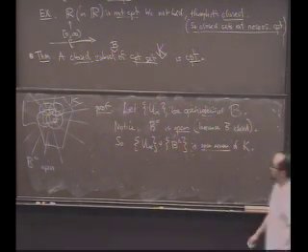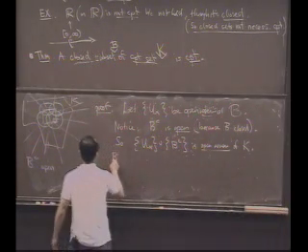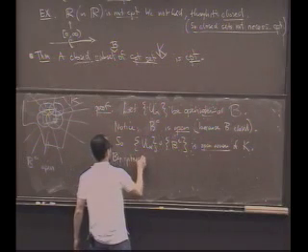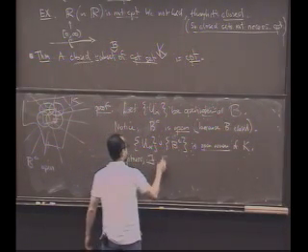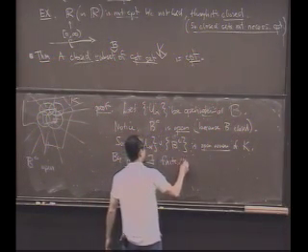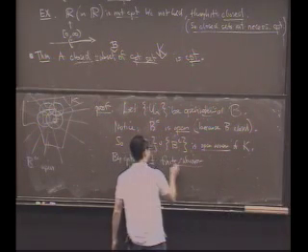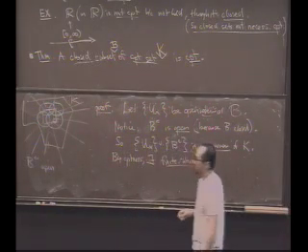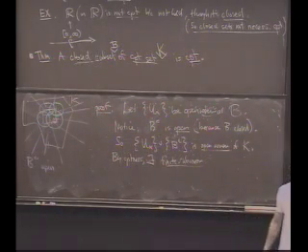Therefore, by compactness, there exists a finite subcover. What finite subcover? Help? Richard? Have an idea here?